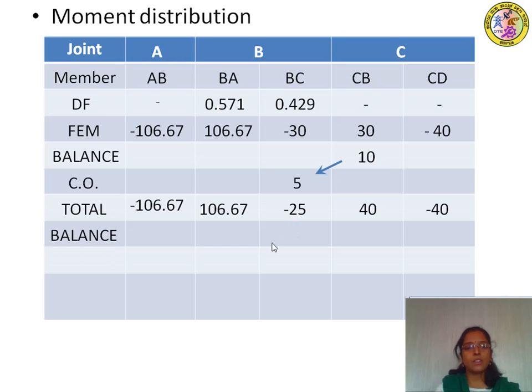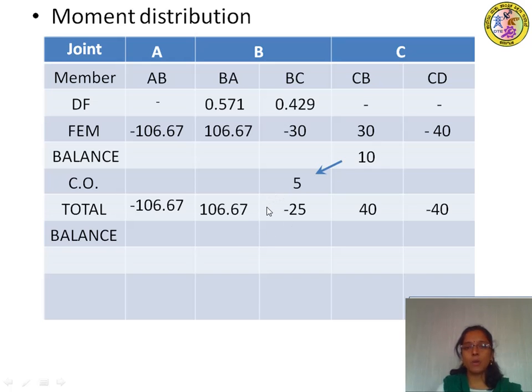Let us balance joint B. The imbalancing moment at joint B is 106.67 minus 25, which is equal to plus 81.67.